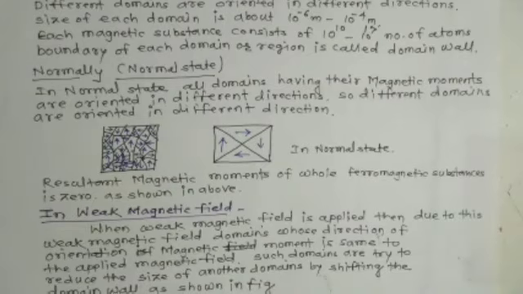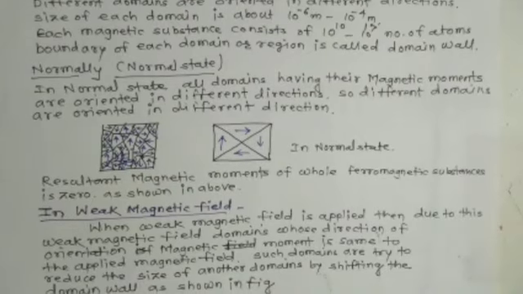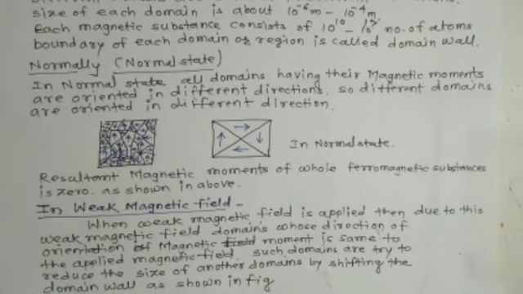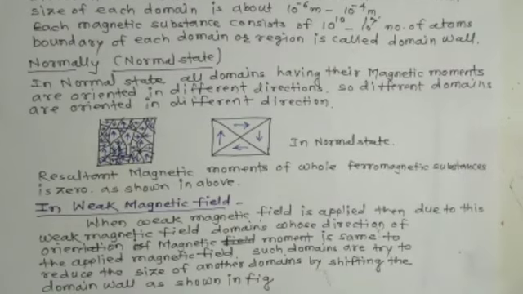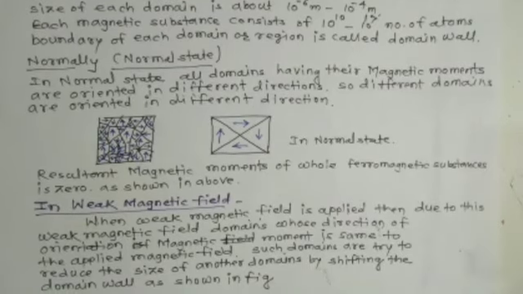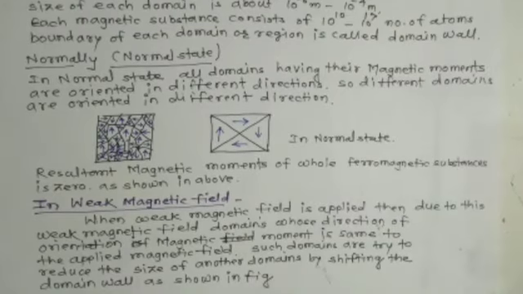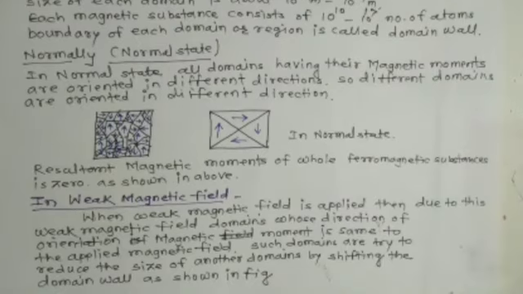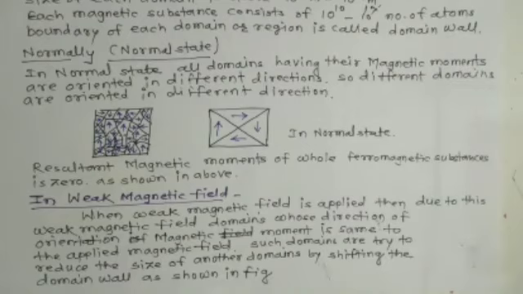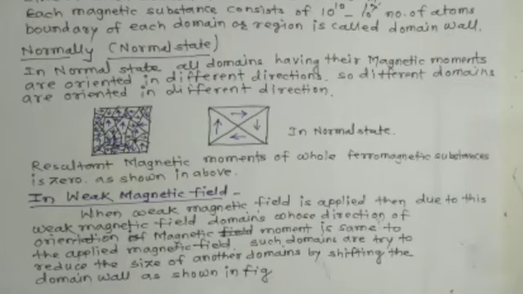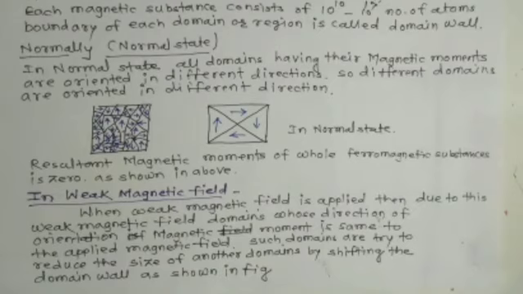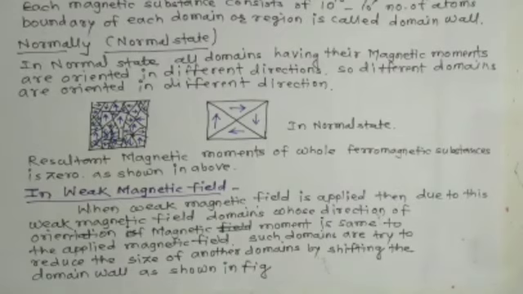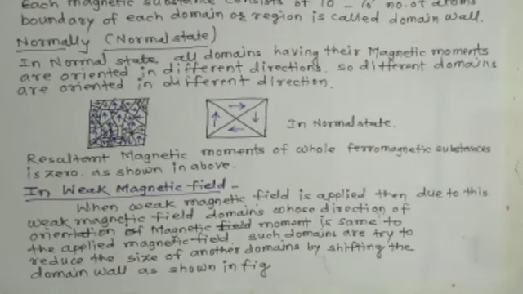But when a weak magnetic field is applied, domains whose magnetic moment orientation is the same as the applied magnetic field try to increase in size by reducing the size of other domains by shifting the domain wall, as shown in figure.